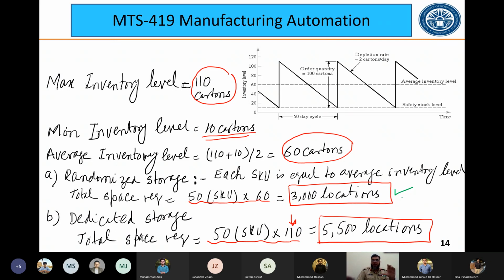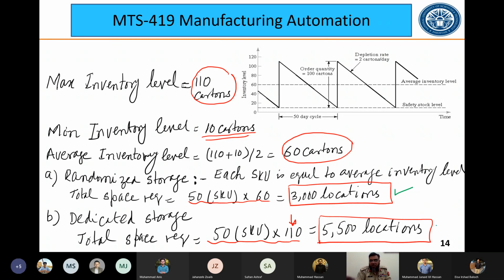ठीक है, so 110 units जो है वो मुझे, या 110 storage location मुझे every SKU के लिए चाहिए, which comes to the storage locations equal to 5500.